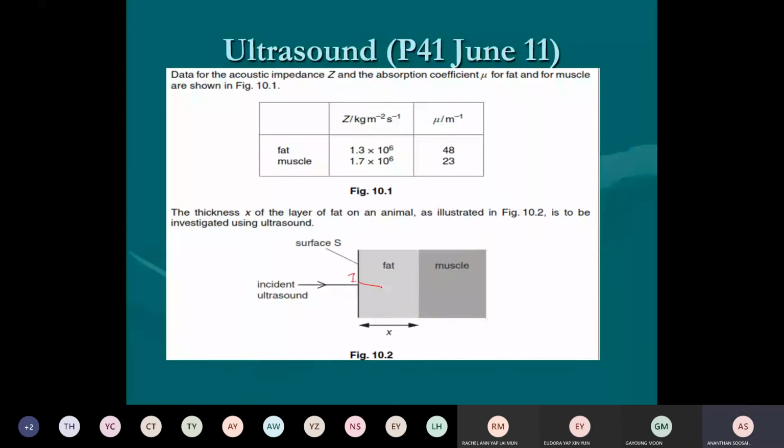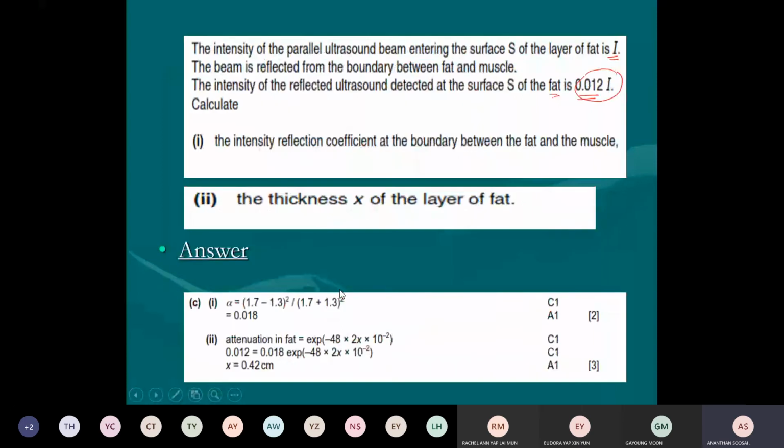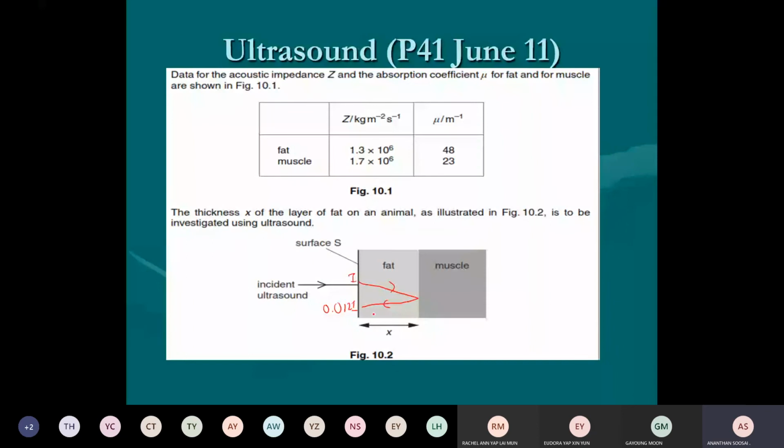So here I go and reflect back, and this is found to be 0.012 I. How are this I and this 0.012 I related? 0.012 I should equal how many times absorbed? 2 times the thickness, 2 times absorbed, times 1 reflection.